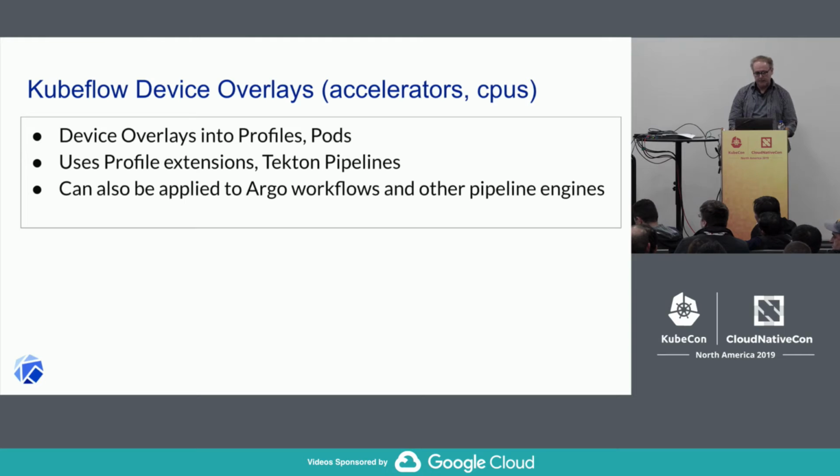Switching gears slightly, now that you have a workspace set up and you're a data scientist, the next question is, how do you get your training or your inference job deployed to the correct node?